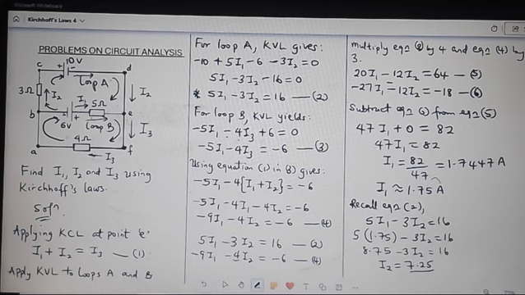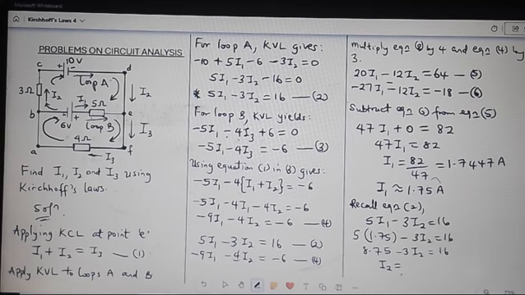Now, if you check the problem very well, you discover that when we multiply, we have 8.75 minus 3 I2 equal to 16. So that minus 3 I2 will be equal to 16 minus 8.75.